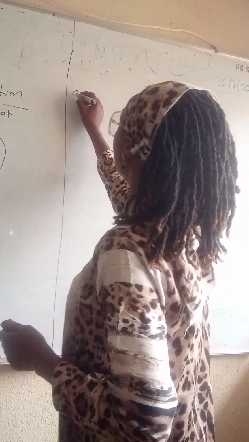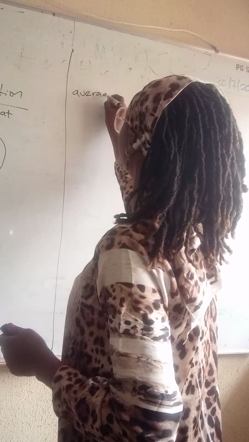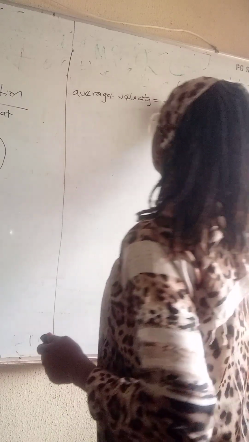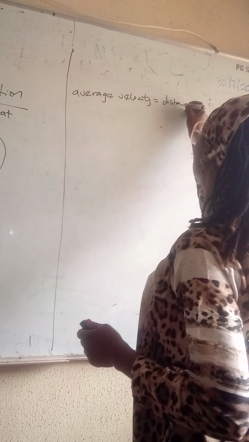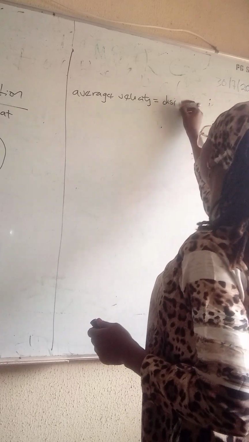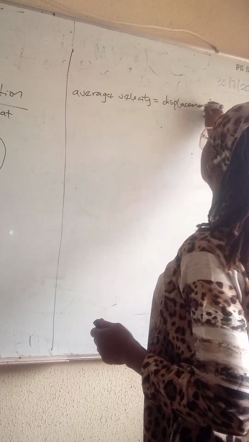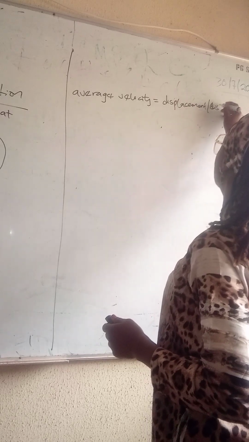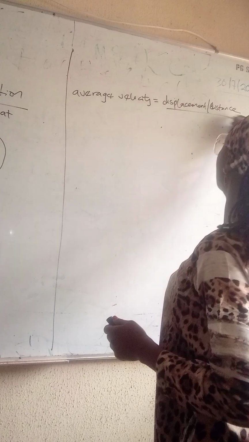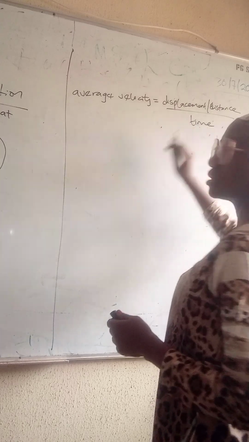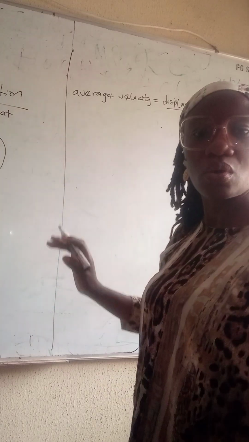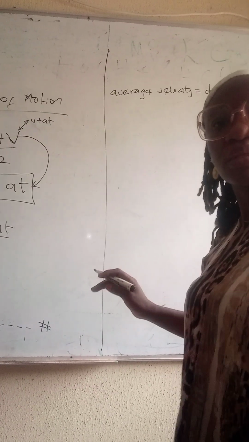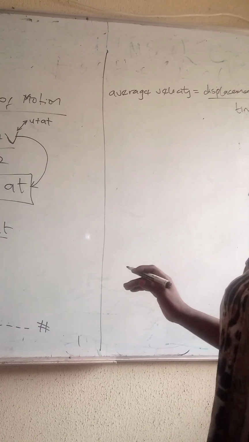So we have average velocity is equal to displacement or distance all over time.